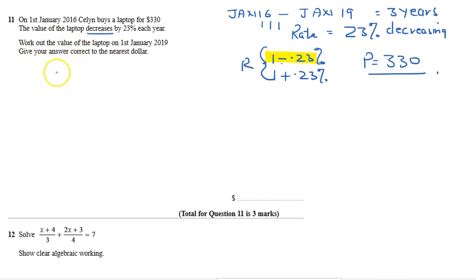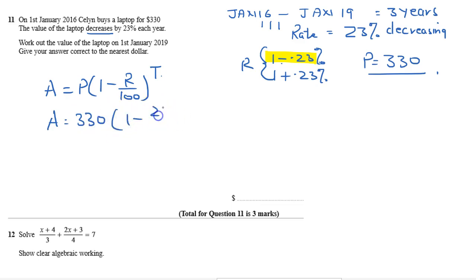Work out the value of the laptop. So the value or amount of the laptop after 3 years of depreciation, we use this formula. P is depreciating, 1 minus R over 100, to the power T. Either you use R over 100 or you just use minus 0.23. So the amount will be 330 times 1 minus 23 over 100 to the power 3.